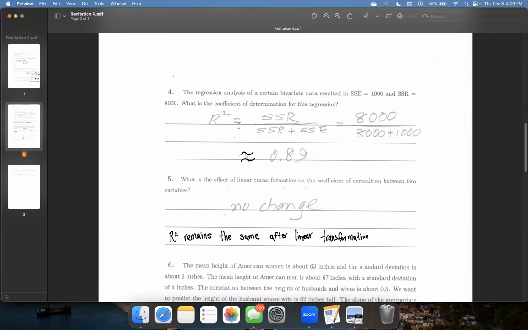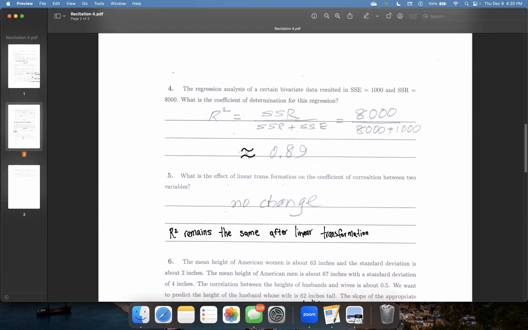Our formula for R squared is SSR divided by SSR plus SSE. So that equals 8,000, which is our SSR given, divided by 8,000 plus 1,000. And so when you calculate that, you'll get 0.888 repeating, which is 0.89 when you round it.